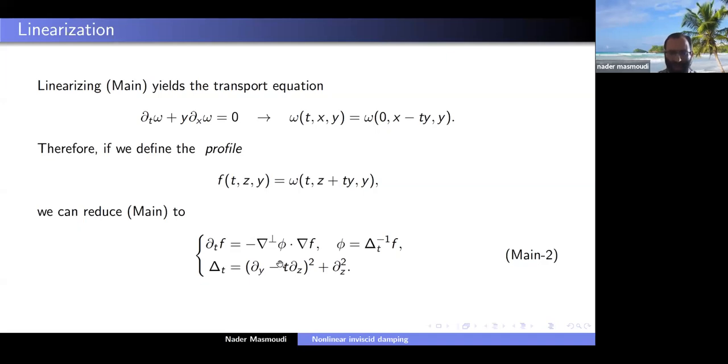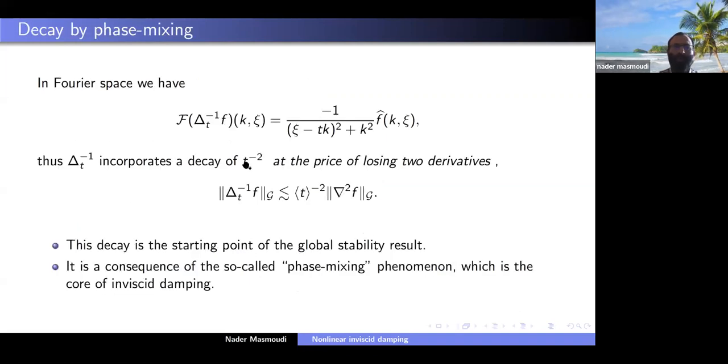But of course, it has a feature in it. If one looks at it a little bit, even at the linear level, if you forget about this term, you get the fact that phi will decay like 1 over t squared. So this is really what I mean at the linear level.